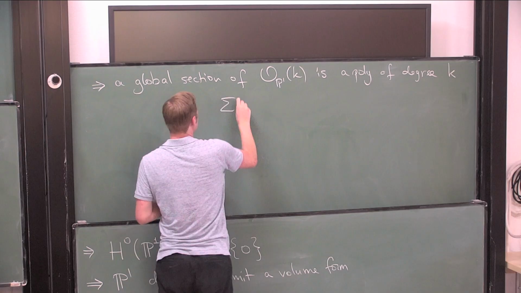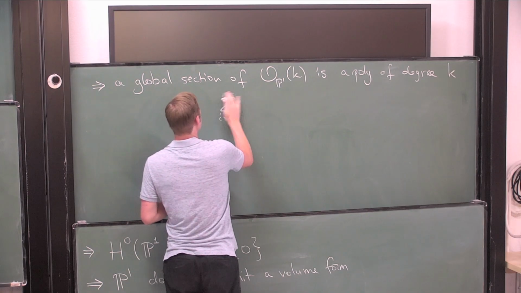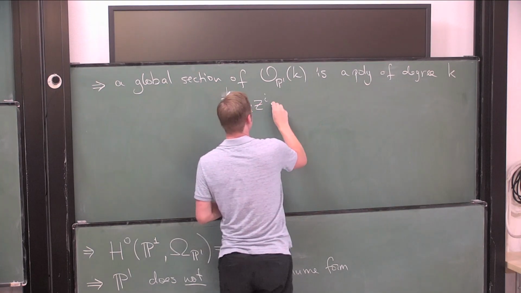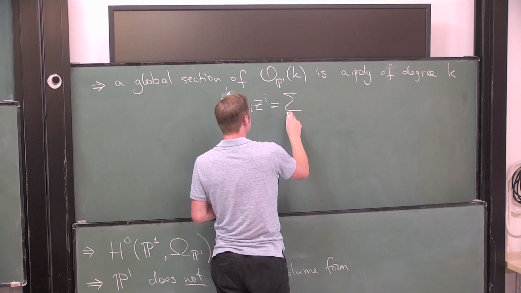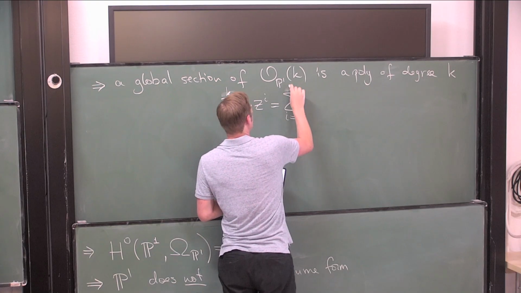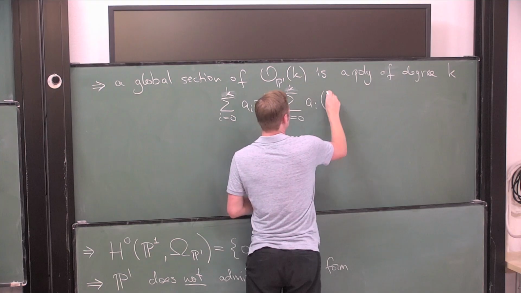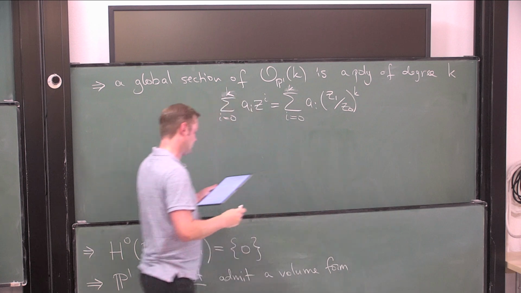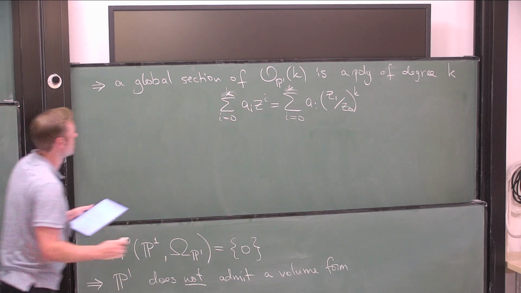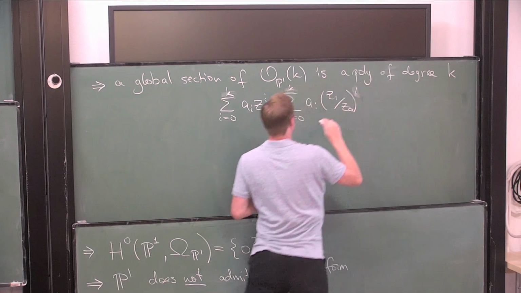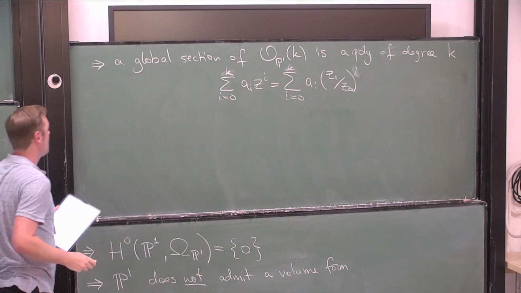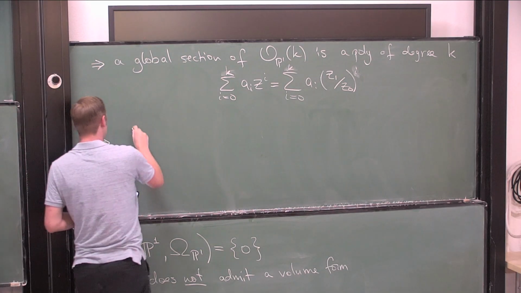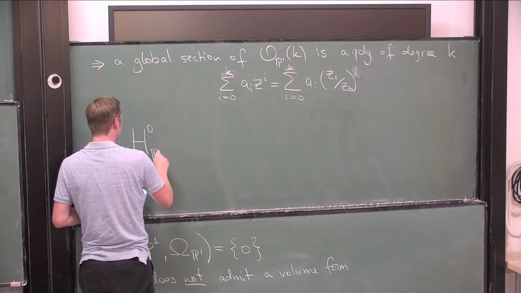So in other words, it's this kind of thing: the sum from i equals 0 to k of a_i z^i, or, if I want to use the homogeneous coordinates, z1 over z0 to the k. So this gives an important description of these O of k bundles, which is worthwhile knowing.